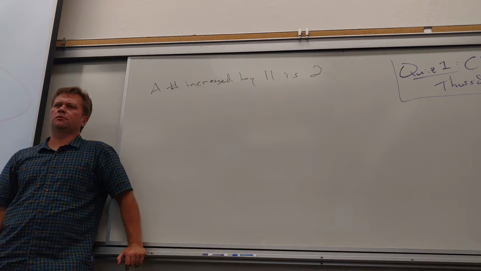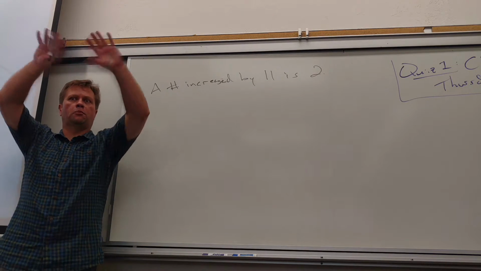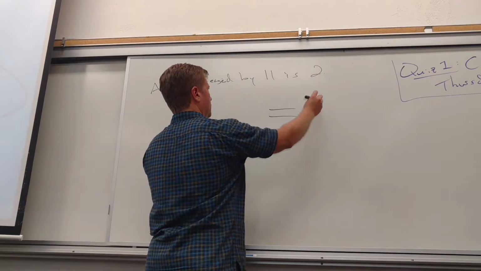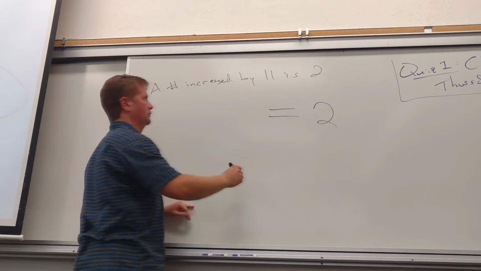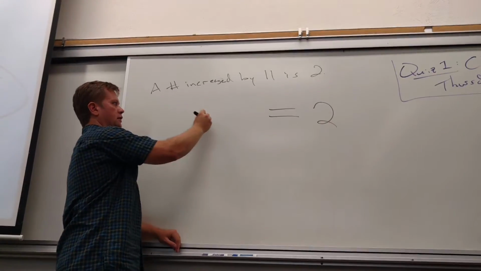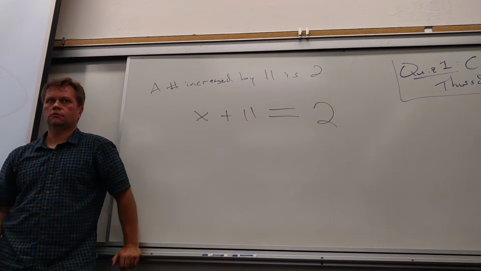Why is "increased" probably the most important word up there? Because it tells me it's an equation and it tells me where the break is between the two sides, right? So there's my equals. So I'll do this side. All right, Jeff. And yes, a number increased by 11 is a number. Sweet. I like it.